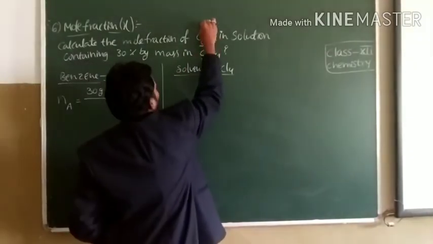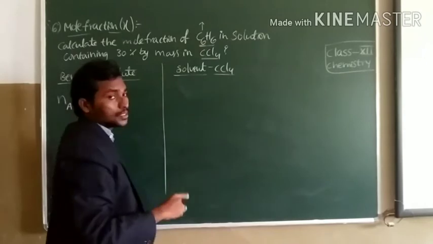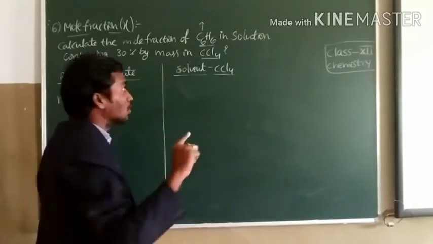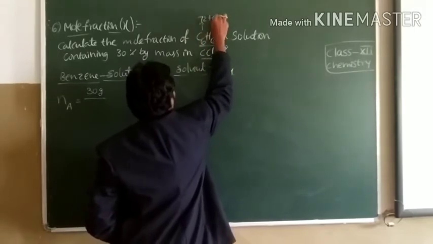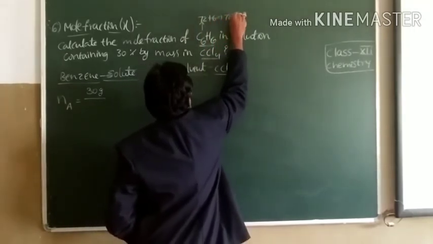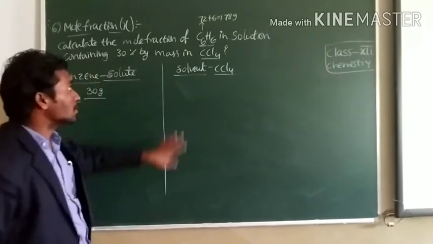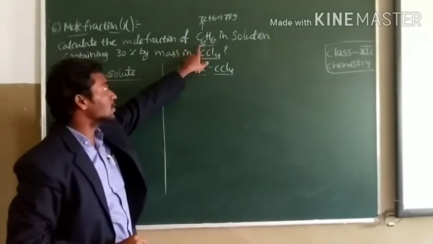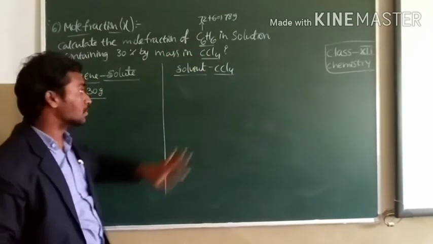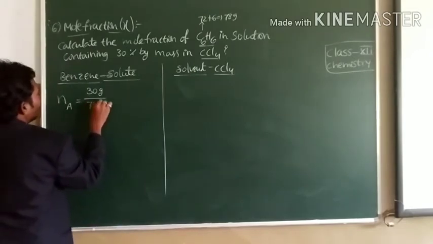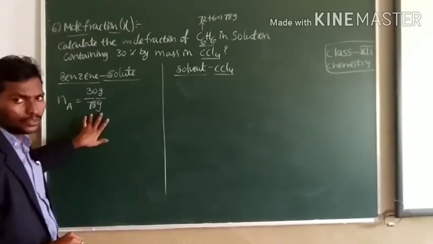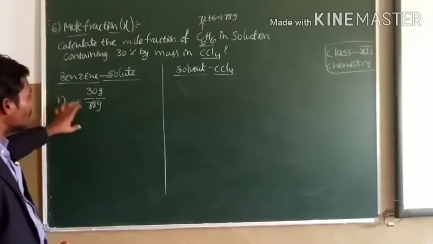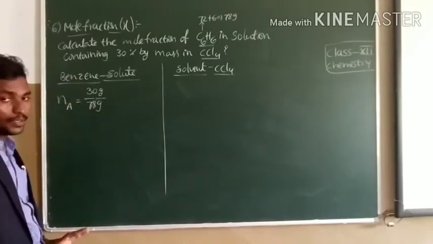Benzene molar mass: 6 carbons, atomic mass of carbon 12, 12 times 6 is 72, plus 6 hydrogen atoms, so 78 grams. So the number of moles is 30 by 78.